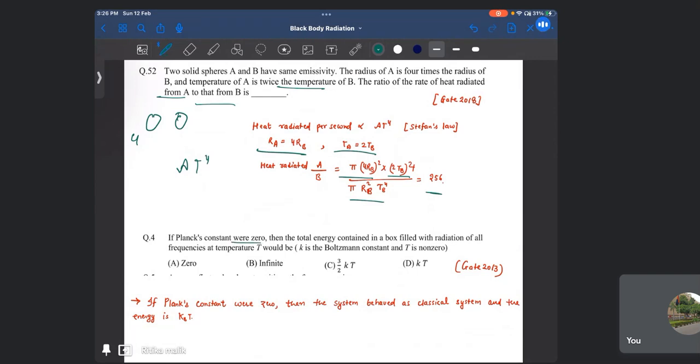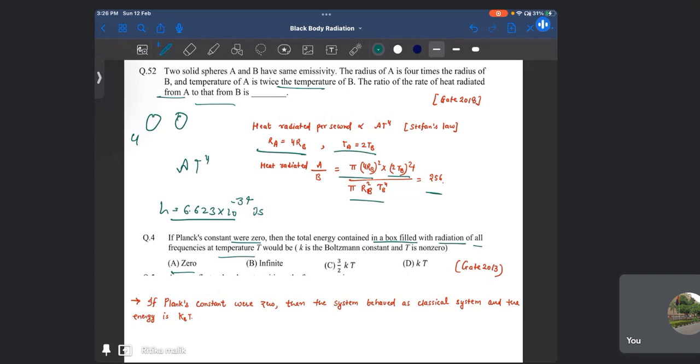Planck constant has a value of 6.626 times 10 raised to power minus 34 joule second. If it does not have that value and it is zero, then what will be the total energy contained in the box, the radiation of all frequencies? Is it zero?